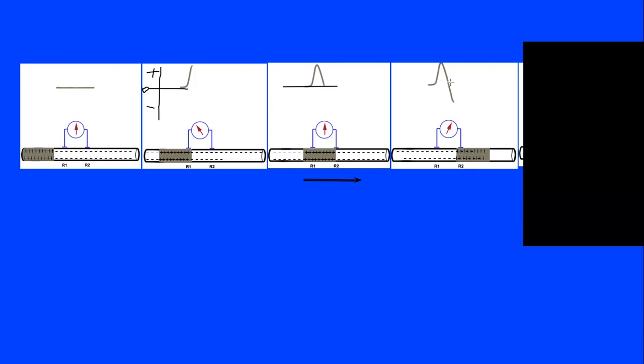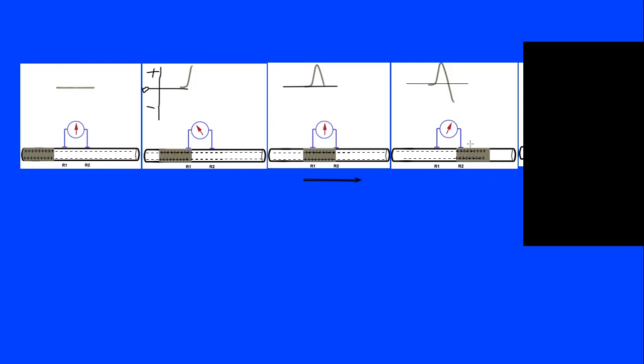So if it is negative, remember here it was positive. Here electrode 1 was positive when compared to electrode 2. So when it was positive, it went up. Now that electrode 1 is negative, then it will go down. Can you see? It goes below 0. And now electrode 2 is the one that is positive on the inside.